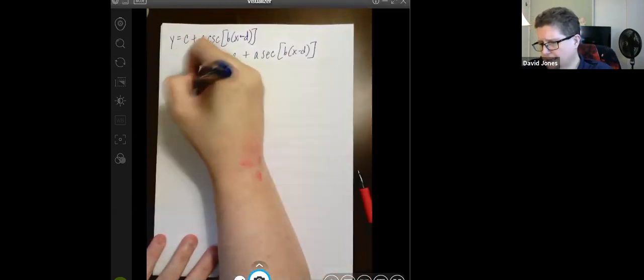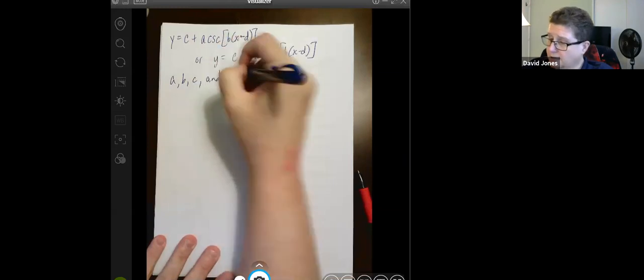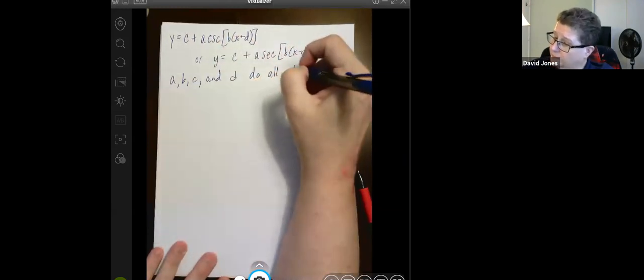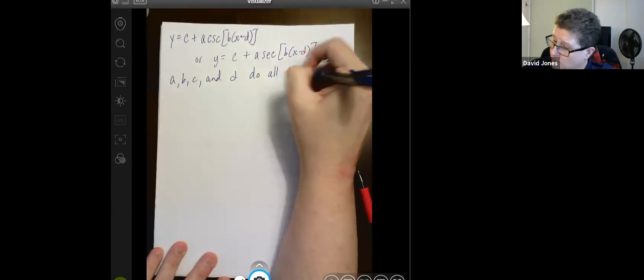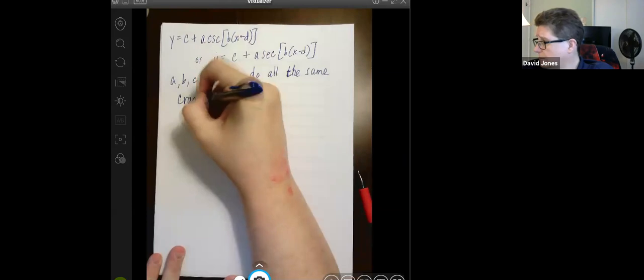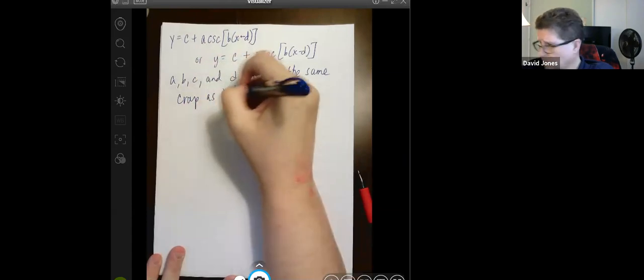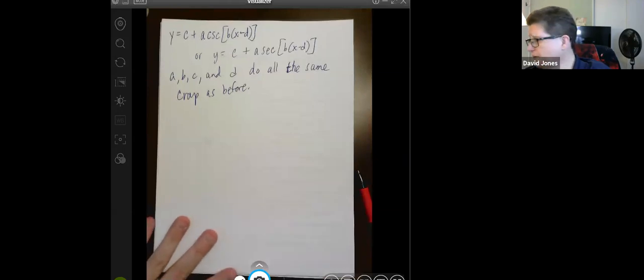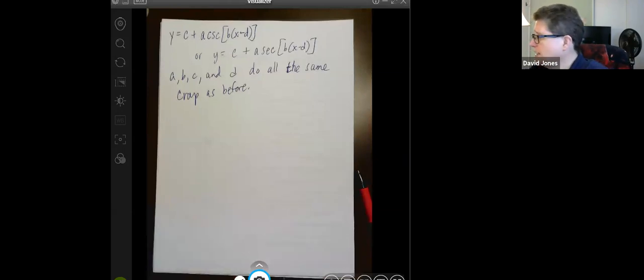A, B, C, and D do all the same thing as before. So when we graph them, we graph the reciprocal function and then pencil it in and do the sketching.